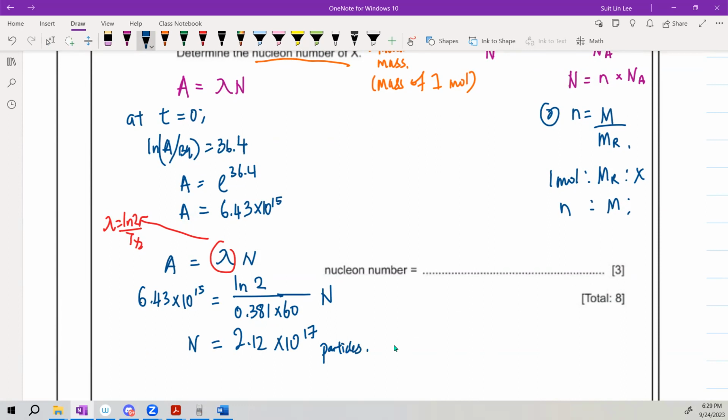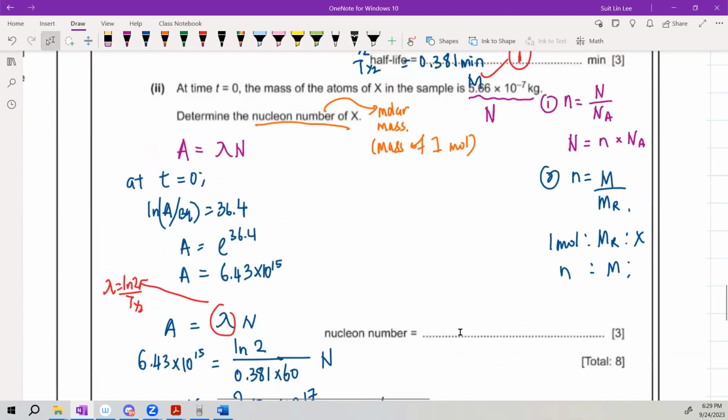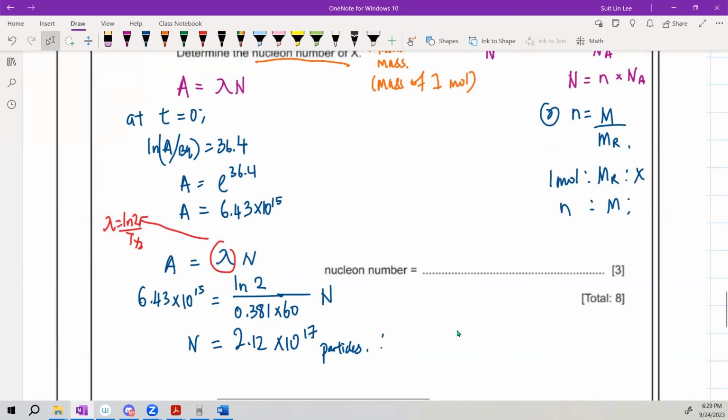But this is also 5.66 times 10 to the power -7 kg. So I guess I have to find the number of moles.